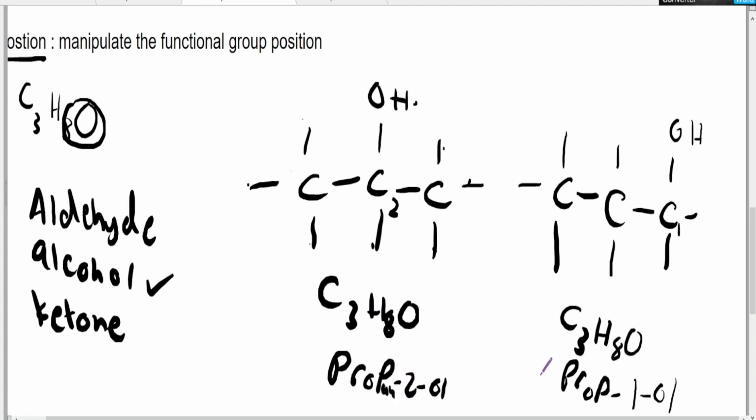My bad, prop, and there should be an an. The point is that this has propan-2-ol as the name, and this has propan-1-ol as the name. And since they have different names but the same molecular formula, they are positional isomers of each other.